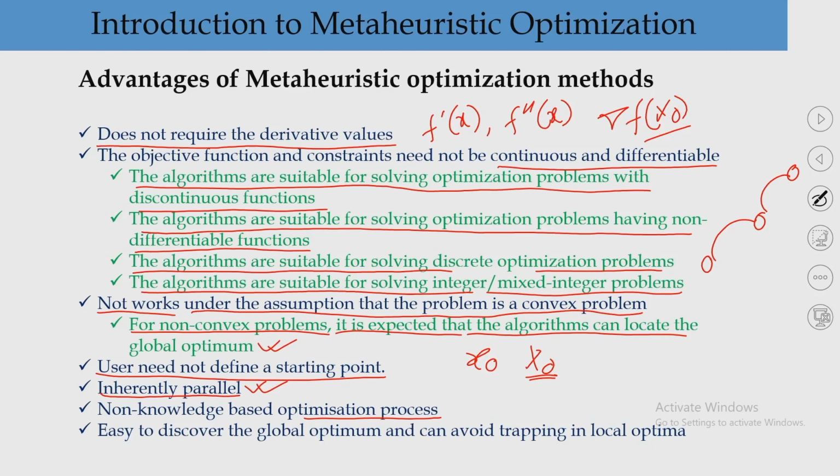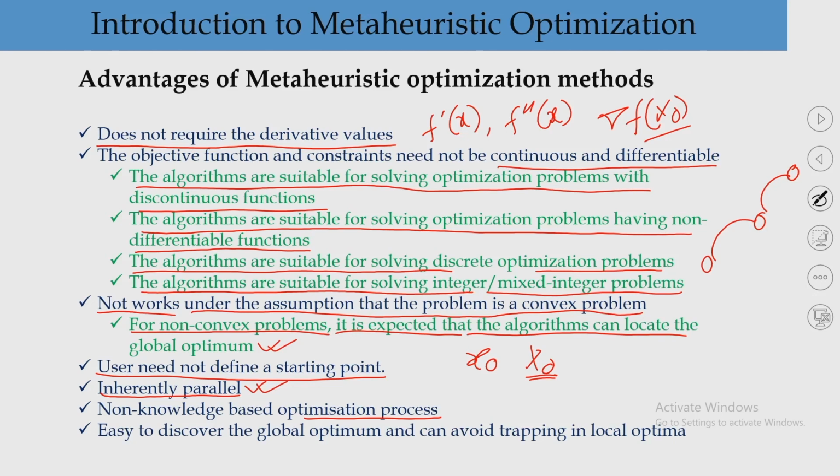Without knowing much about the objective function and constraints, I can apply this, because I am not calculating the derivative. It can be applied on a non-continuous, non-differentiable function also.